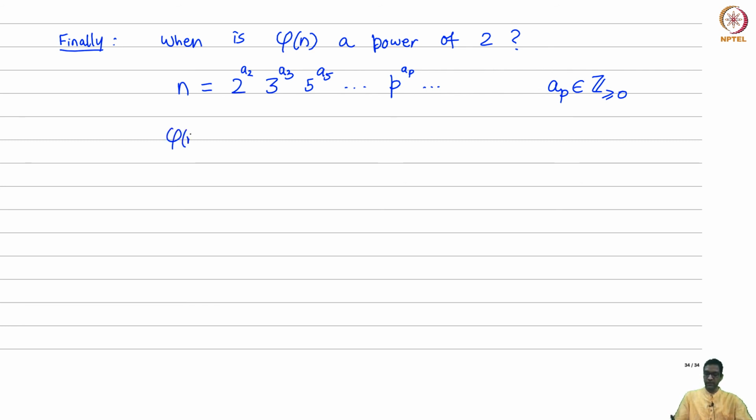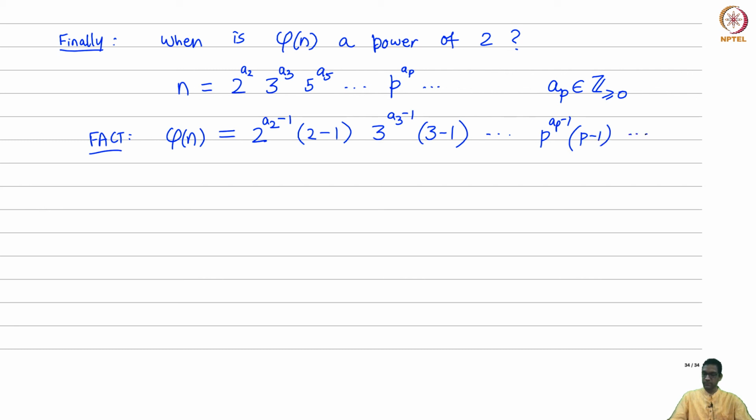Now phi of n is, let me use this little fact about phi of n. It is a product of the phi of each of them, and in each case it is 2 to the a2 minus 1 into 2 minus 1, okay, then 3 to the a3 minus 1 into 3 minus 1, and so on. So in general, p to the ap minus 1 into p minus 1.